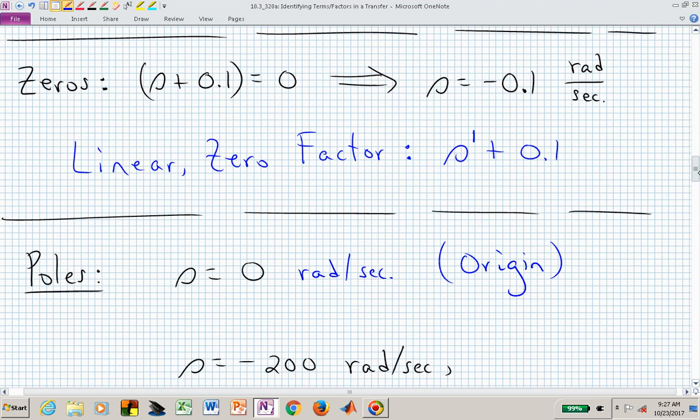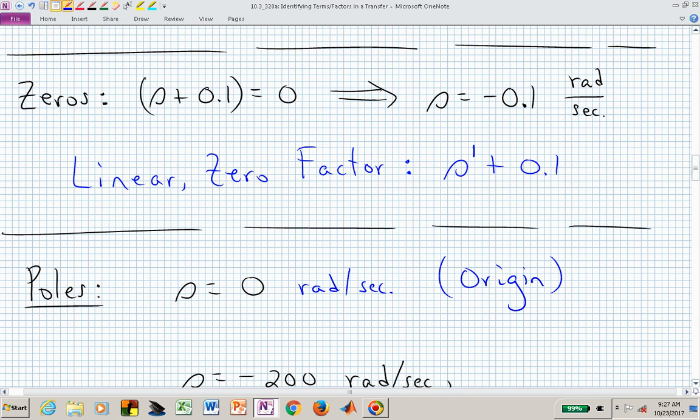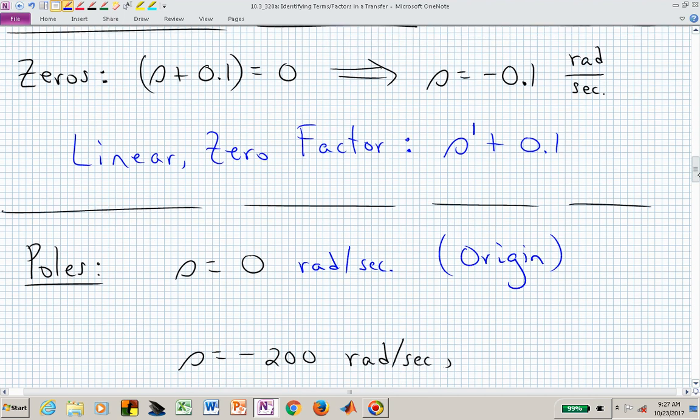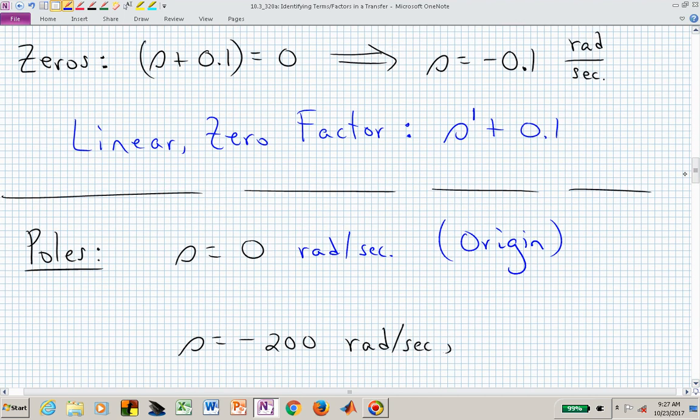Or we could then say that we have a pole at the origin of our complex s-plane. That's what we're meaning by s equal to 0. We also had a pole at minus 200 radians per second, and that will be our linear pole factor in this particular transfer function.